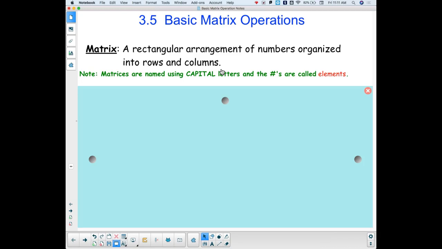The individual numbers that make up the rows and columns are each called an element. So an element of a matrix is an individual number somewhere in the arrangement.